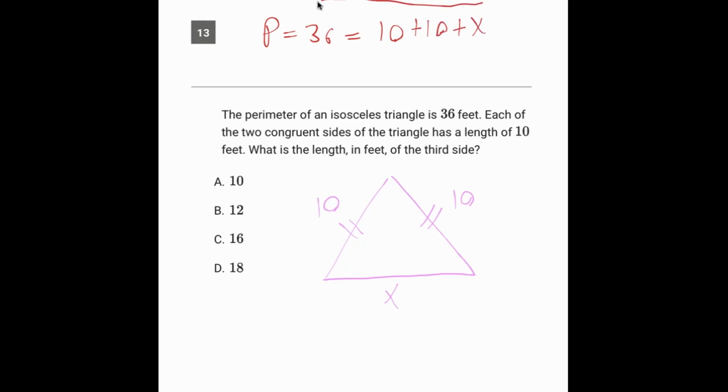And now we can just start solving this equation here. We can go ahead and say 36 is equal to 20 plus x, then take away 20 from both sides, and we'll get x is 16, which is answer choice C here.